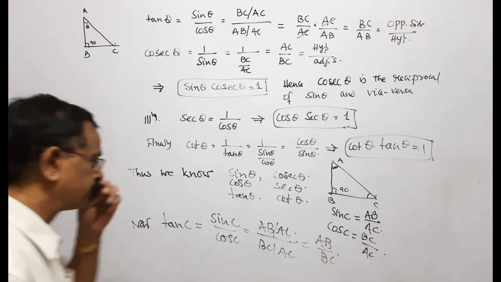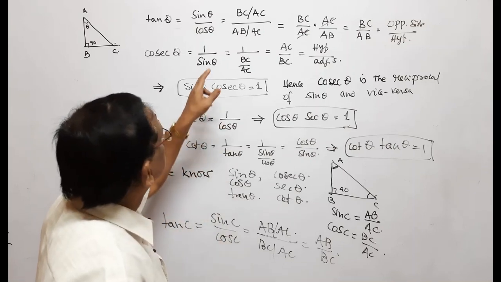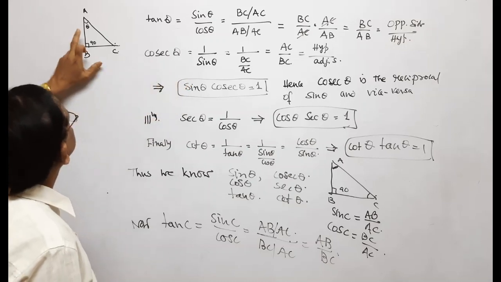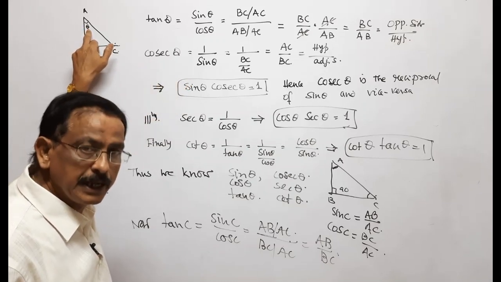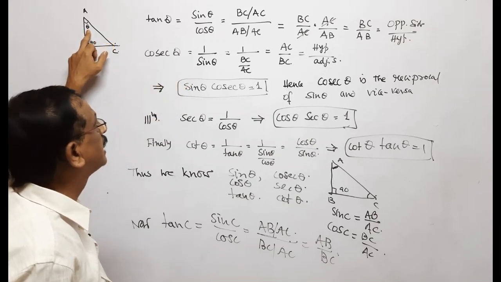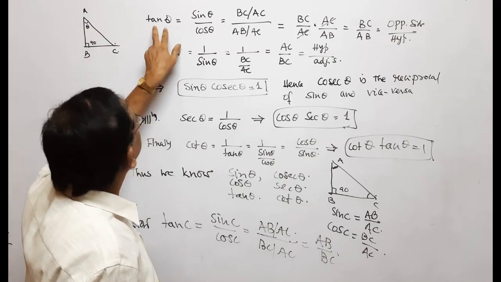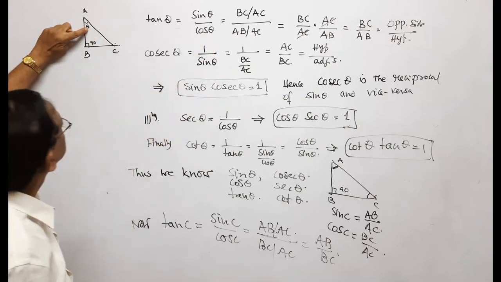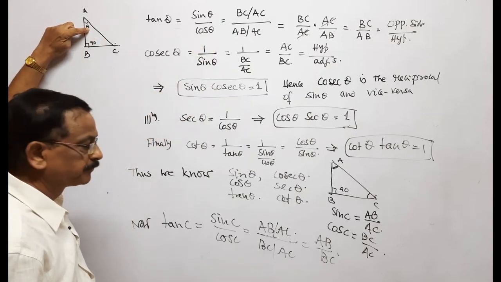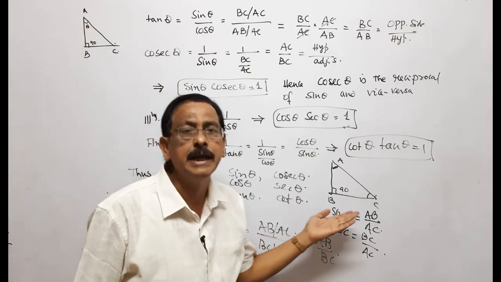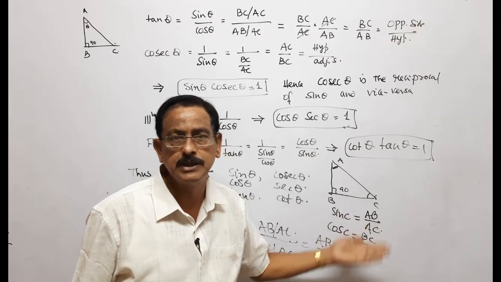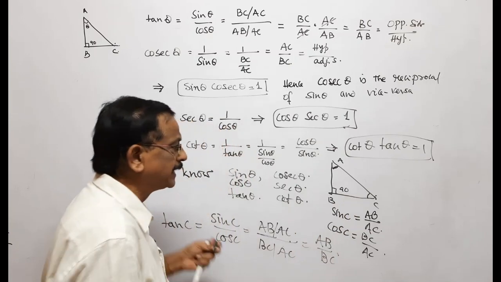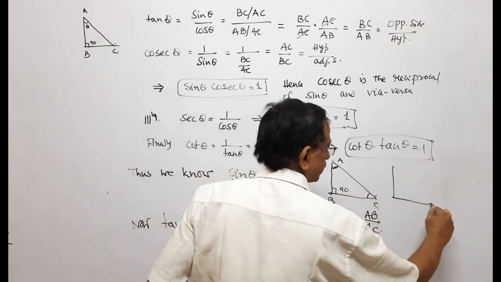A simple observation is, here theta means if you want to write A, you can write sin A. There is no harm. So tan A is sin A by cos A, because it is A. It is only a naming. Theta, A, C, B, they are all namings. Suppose if I want to write 90 at C, I have to write like this.